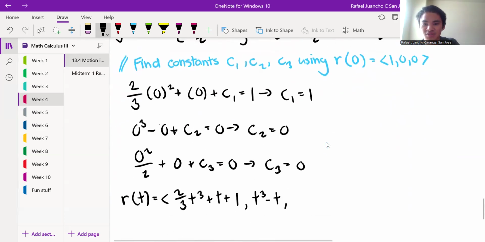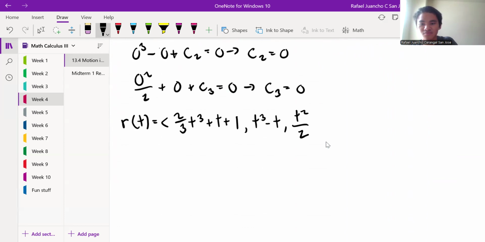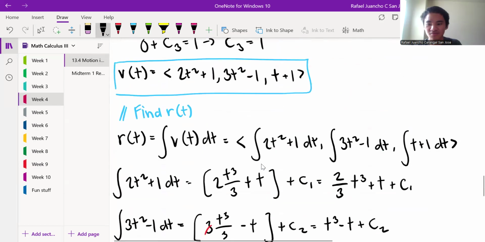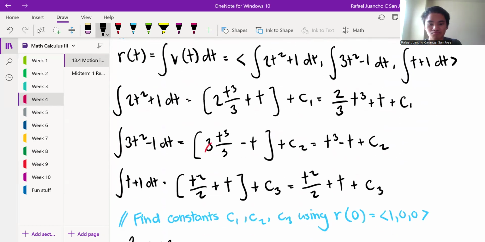Then my other one was t squared over 2 plus t. So there's something about integrating that makes it really long. But yeah, that's my r of t. And if I didn't mess up, I should be correct. Okay, I got it. And yeah, we can use that r of t to make a path or a trajectory, right?